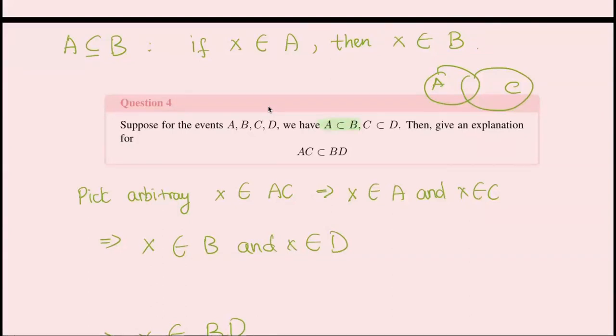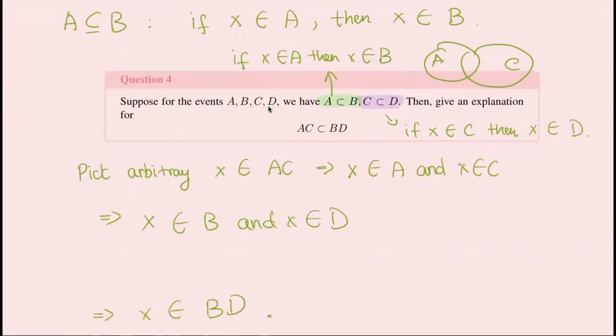The first one is A is a subset of B, which means if something is in A, then it has to be in B. And the second piece of information we know is that C is a subset of D, which means if some element is in C, then the element has to be in D, right?